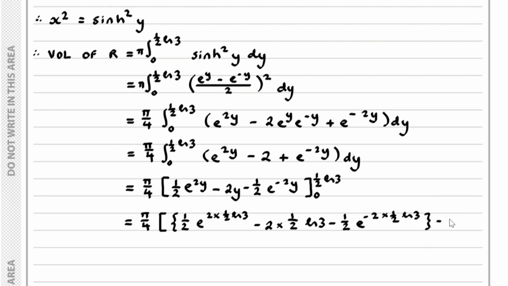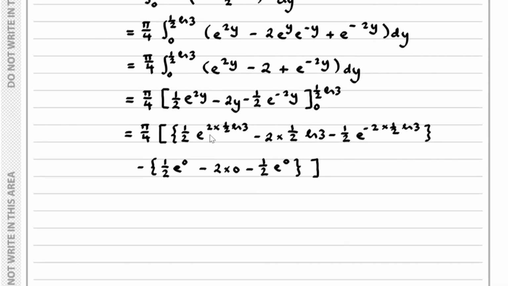And then we subtract. For our lower limit, we've got 1/2 e to the 0 minus 2 lots of 0 minus 1/2 e to the 0. Now, 2 times 1/2 is just 1.